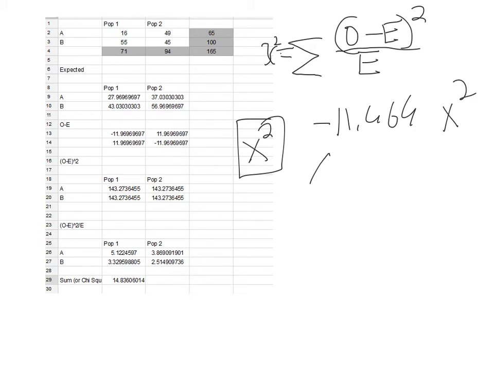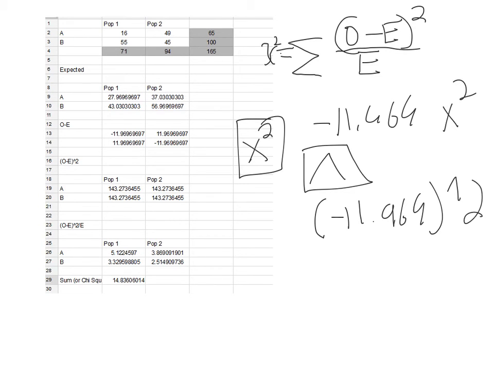Some calculators have a caret key, so you'll type in parenthesis, negative 11.969, close parenthesis, caret 2. Make sure you stick it in parentheses. Some calculators will automatically do that. If your calculator shows ANS for answer, and you square that, it acts like a parenthesis.